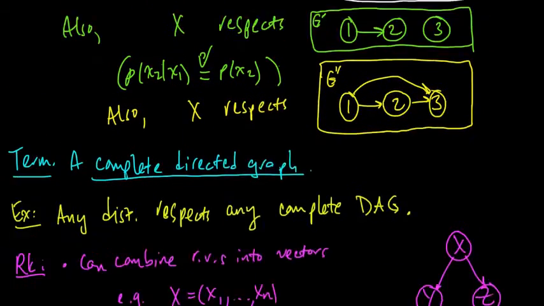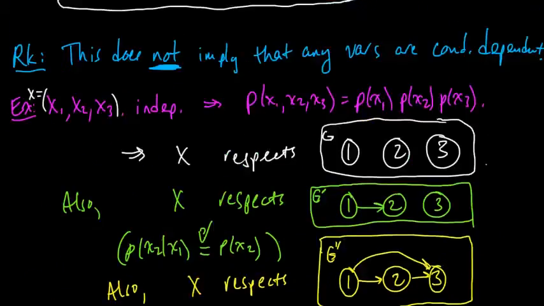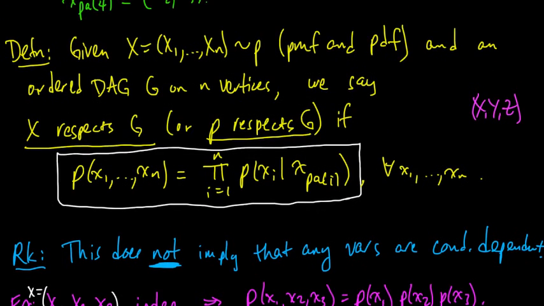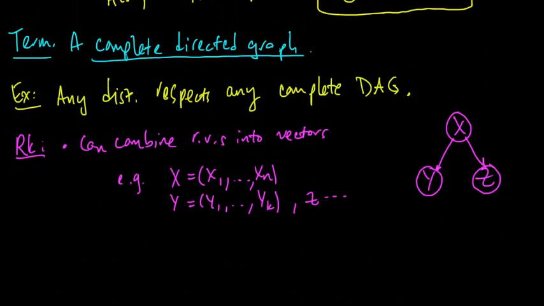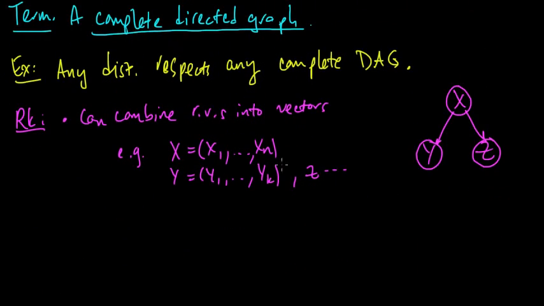Well, x has no parents, so this would be the probability of the vector x times the probability of the vector y given x times the probability of the vector z given x. So you can always lump them together into vectors.